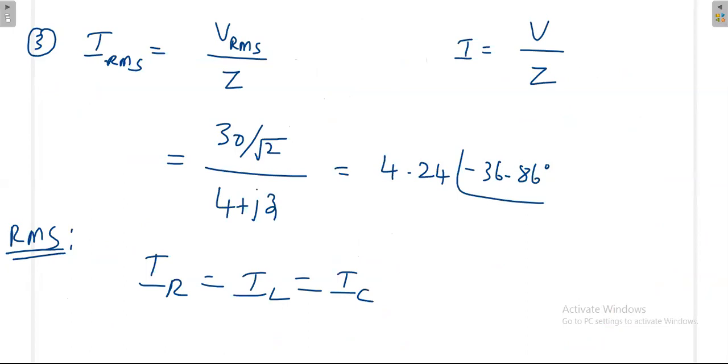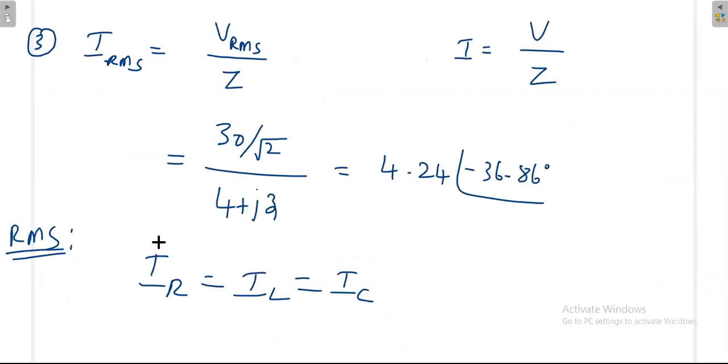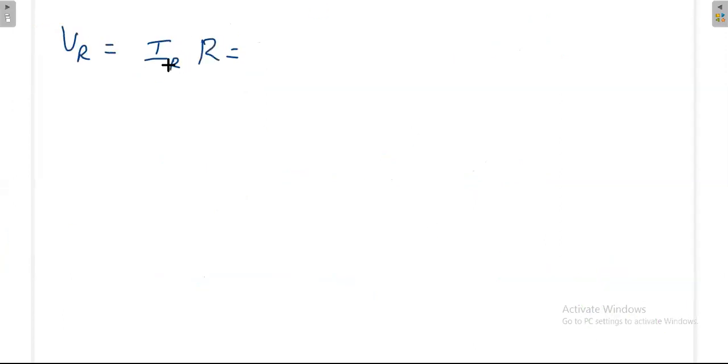Then what is the voltage across the resistance? The voltage across the resistance is the current across the resistance times the resistance value. But please remember, we are operating in the RMS domain. All values written here hereafter are RMS domain values, because I have calculated in RMS.